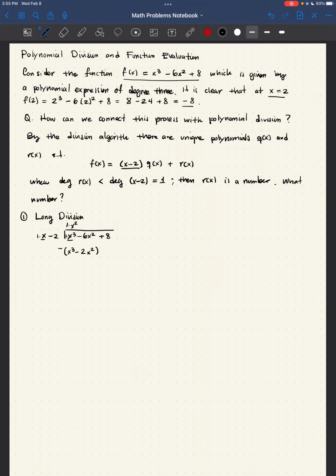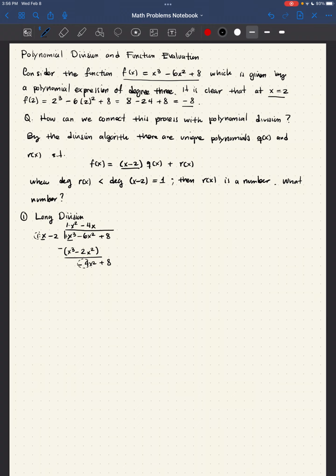Of course, from here, we get the following. We have negative 4x squared, I'm just subtracting, plus 8, and then I restart the process. Look, the coefficient that I have here, and this one, indicates how much I need. So I need negative 4. But negative 4 of what? I need to cancel this x squared with this x, so I need an x for that one.